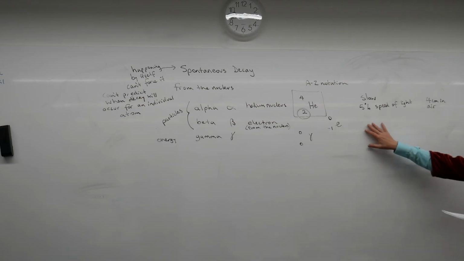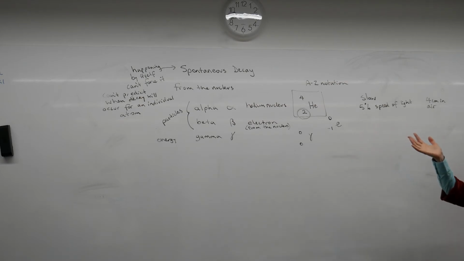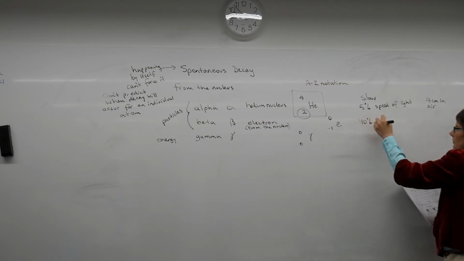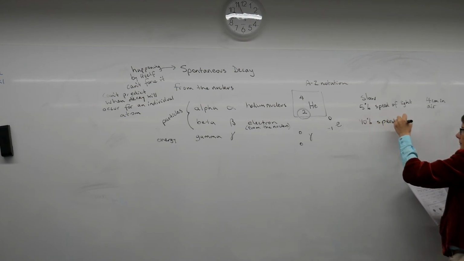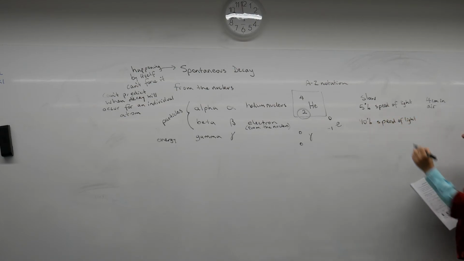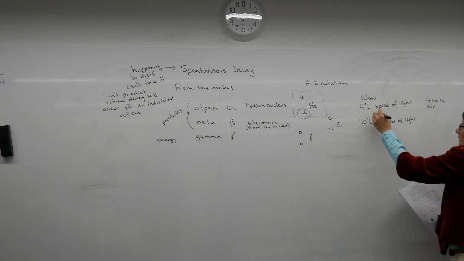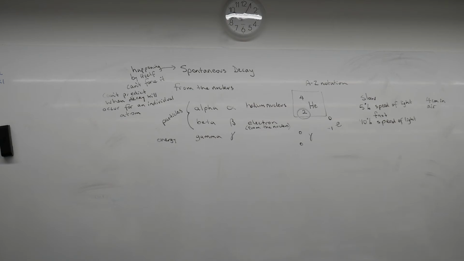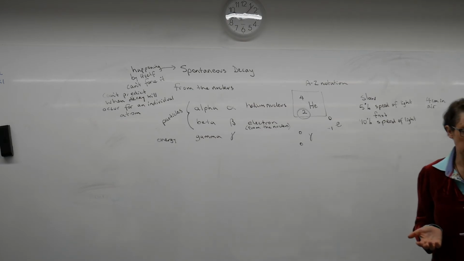Our next particle, the electron, is much lower mass, and it is 90% speed of light. So it is quite fast. Its range in air, about 1 metre.